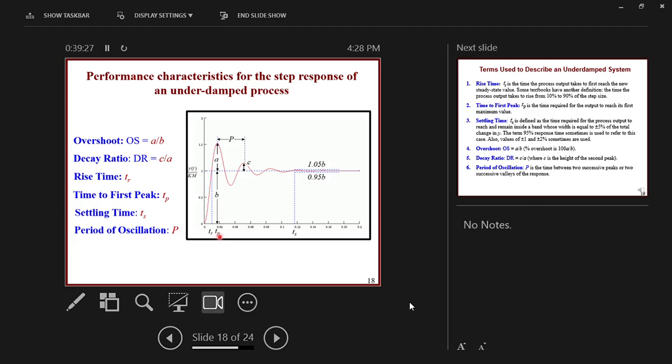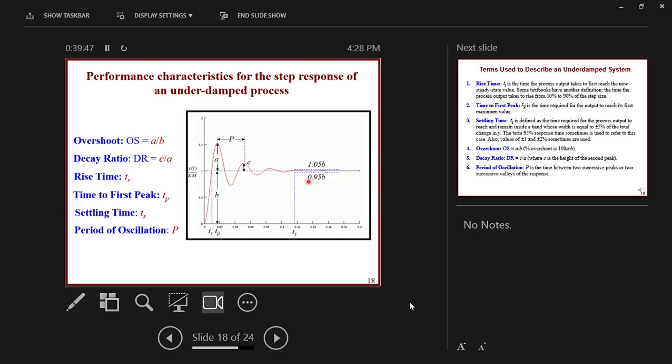The settling time, it is this time, it is the time needed to reach the steady state value. However, since we will not be able to decide exactly when this will happen, we will decide a band between which we will regard this as a steady state value.